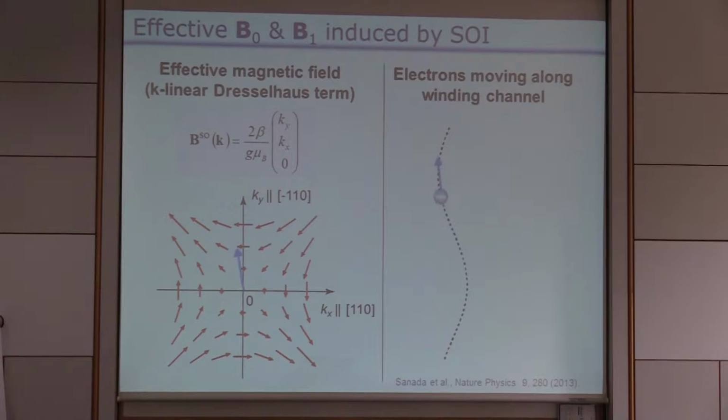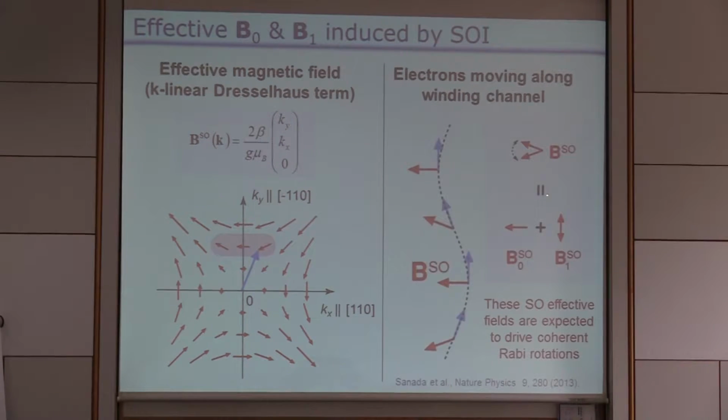The corresponding effective magnetic field, expressed by red arrows here, also oscillates with a frequency determined by the velocity along the y direction and the wavelength of the winding channel. So this can be expressed as a static magnetic field plus an oscillating magnetic field. If this spin-orbit effective magnetic field meets the resonance condition, we can expect to drive coherent Rabi rotation.